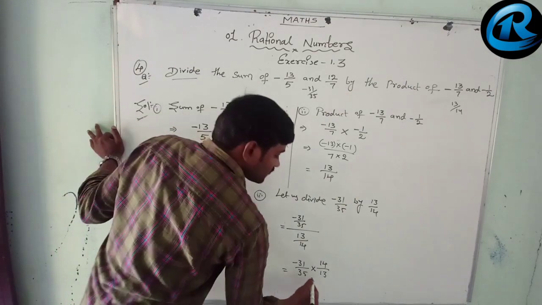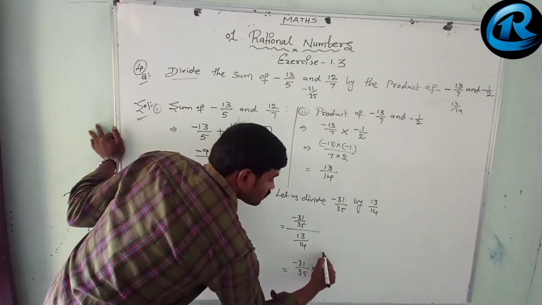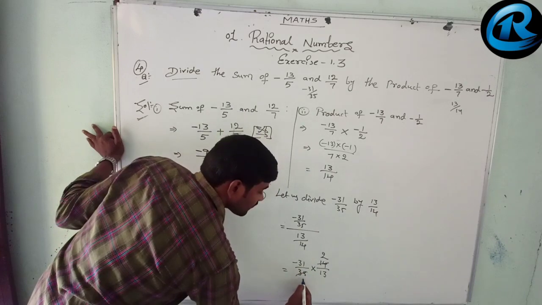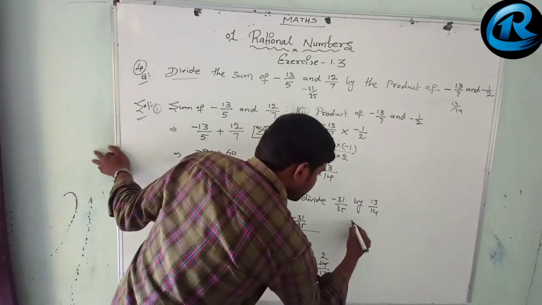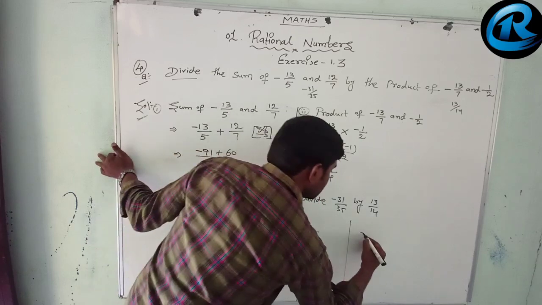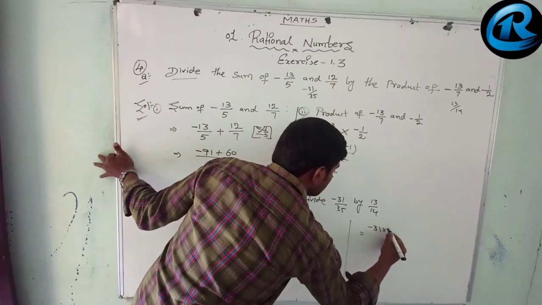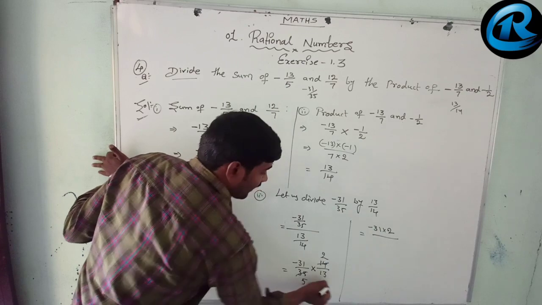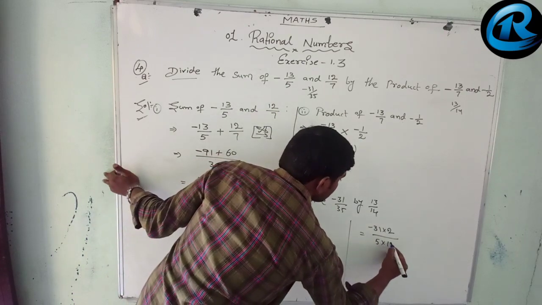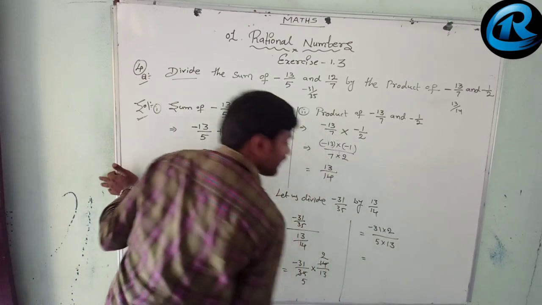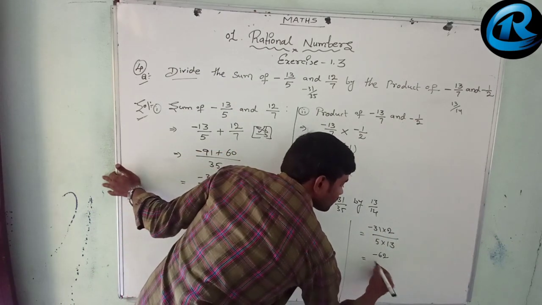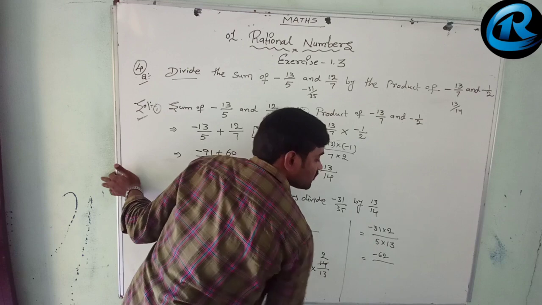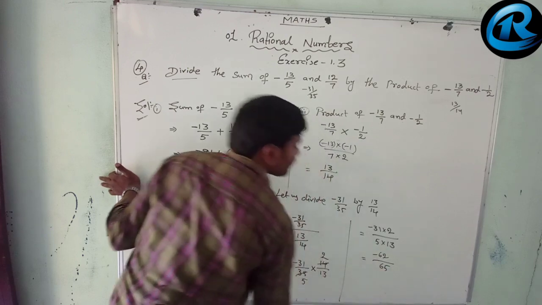So now see that here 7 2s are 14, 7 5s are 35. Now the remaining numbers, I will write minus 31 into 2 by 5 into 13. So minus 31 into 2 is minus 62 by 5 into 13, that is 65.